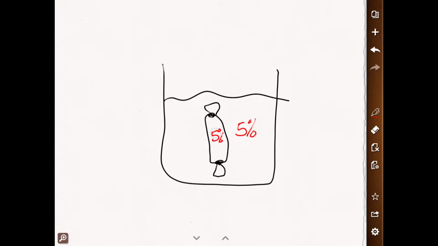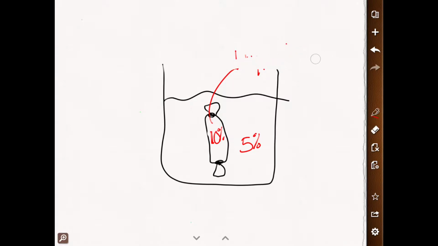And then we said that if the concentration inside was greater than the concentration outside, this solution would be hypertonic in relation to the solution in the beaker.